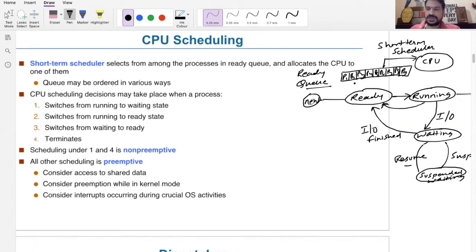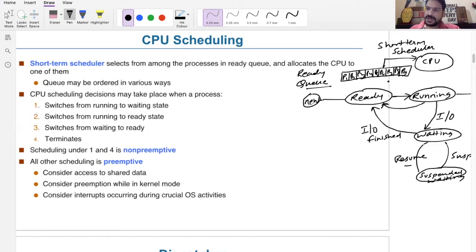We know what a queue is. Queue is first in, first out, right? So whatever process comes first will get out first. But there are some different types of queue. There may be the priority queue, in which we arrange the processes based on some sort of priorities.